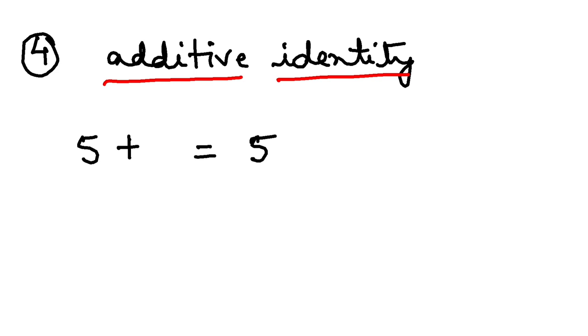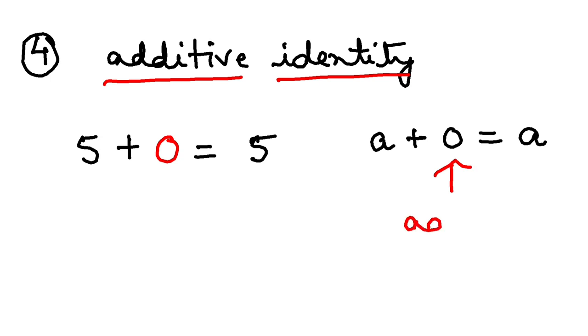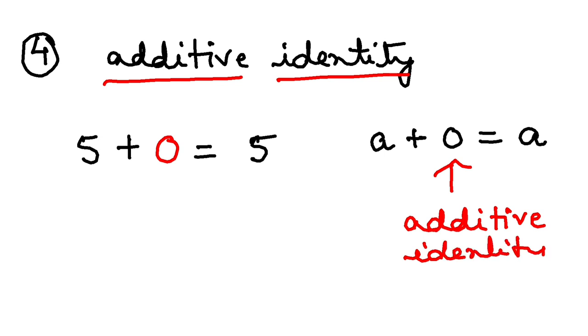Obviously, that number is 0, isn't it? That means a plus 0 is always a, and that is why 0 is called the additive identity, because the sum remains the same. I took a and got a, so 0 is called the additive identity.